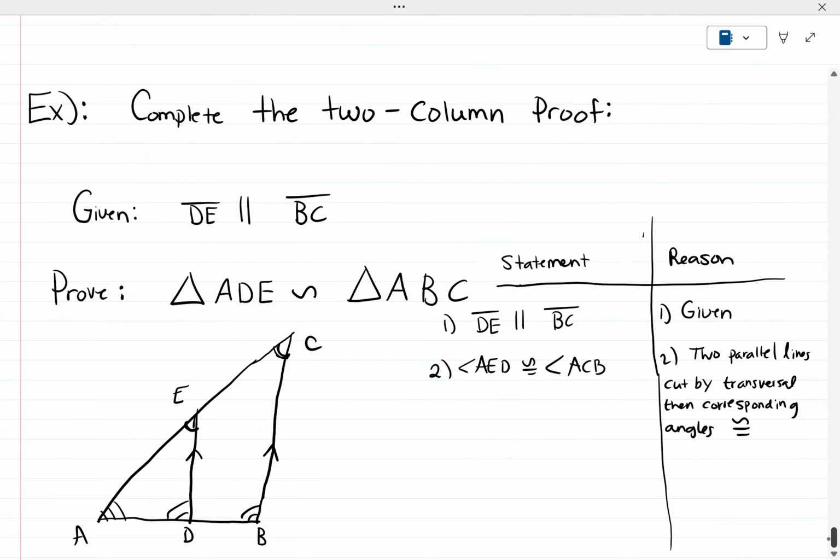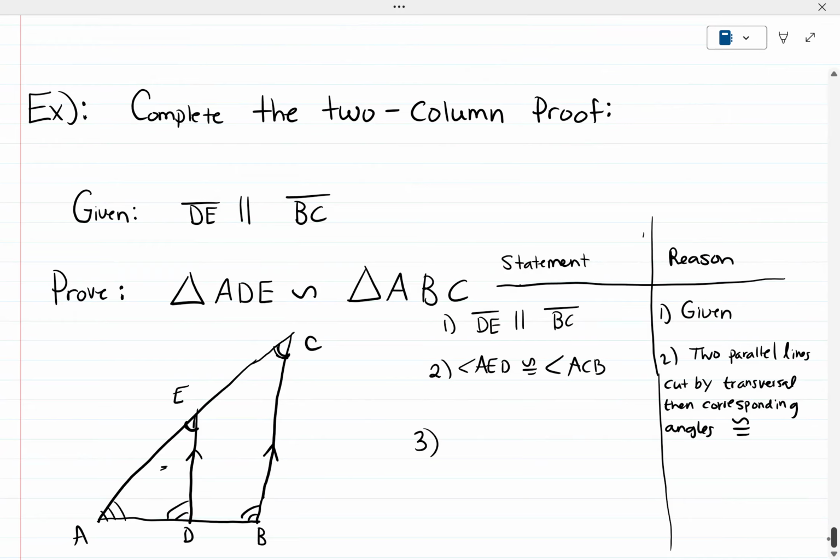And then we need one more angle. If you could say third reason, you see that there are two triangles. Let me draw the two triangles.